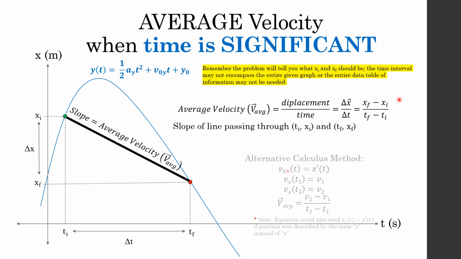So essentially, y2 minus y1, x2 minus x1. Rise over run. Your change in y over your change in x. Average velocity is simply a slope, which represents how the position is changing as a function of time.